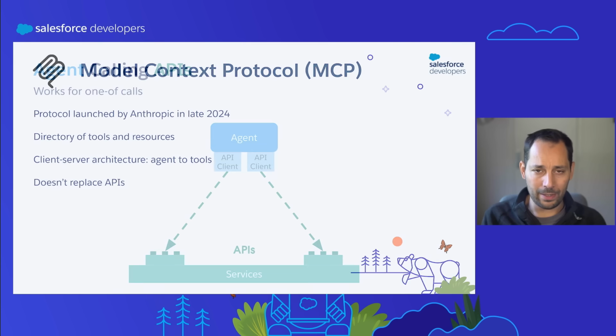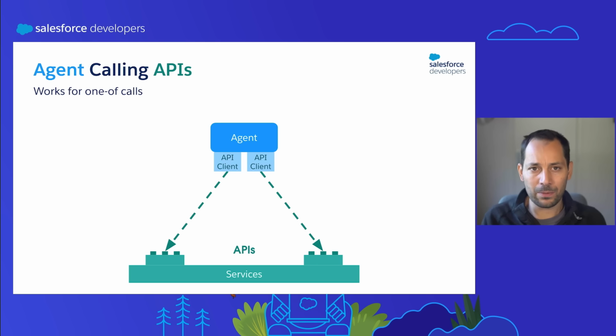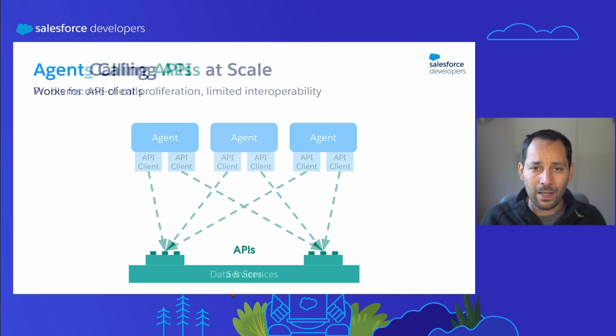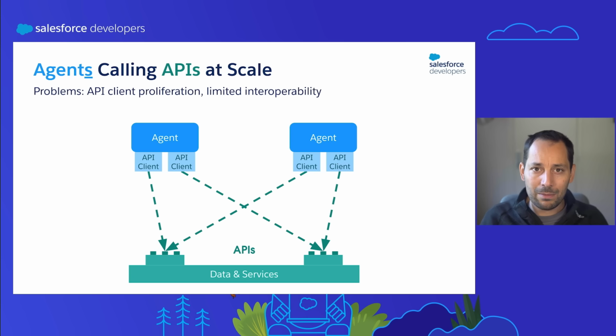So let's take, for example, a basic use case in which you have services which need to be called by agents. This works well when you have one agent calling one-off services by using API calls. It does force you to have API clients on the agent side, but that's fine. However, when you do this at scale, it means that you multiply the number of API clients that are on the agent side, and that's not really good because it means API client proliferation and limited interoperability between those API clients.